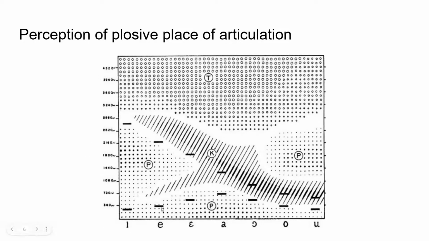And along the bottom, we have various vowels following the release burst. And depending on which vowel follows the release burst, a particular frequency of energy, say it's concentrated here around 2000 hertz, can be perceived as a P or a K. And if it's higher, maybe a P, a K, maybe even a T, depending on which vowel is in the context.